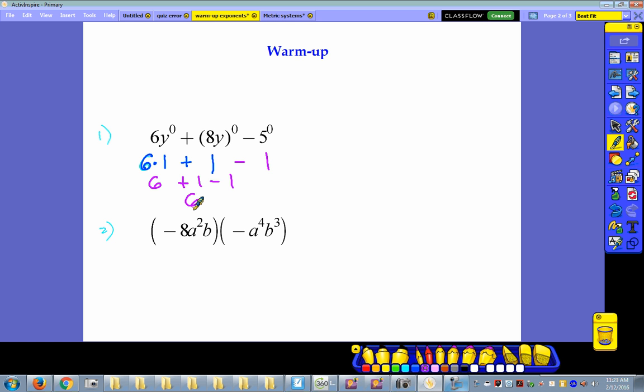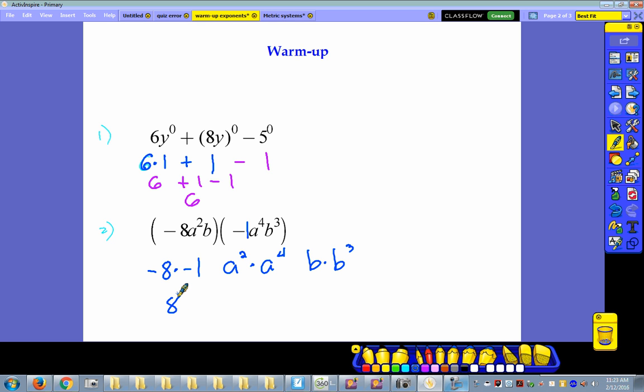So here, what's my coefficient here? Negative 1. So you will do negative 8 times negative 1, and then your a squared times your a to the 4, and then your b times your b cubed.